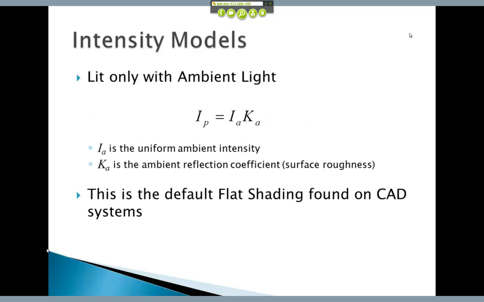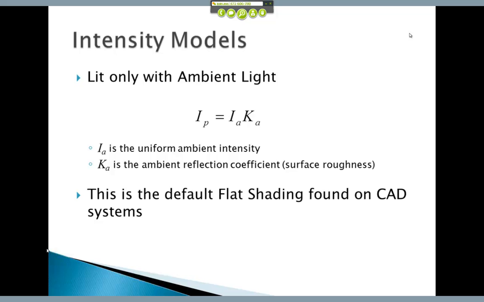So there are 3 different lighting models that we're going to talk about. The first one is what's referred to as the ambient lighting model. Right now all we're dealing with is the I component of the HSI.